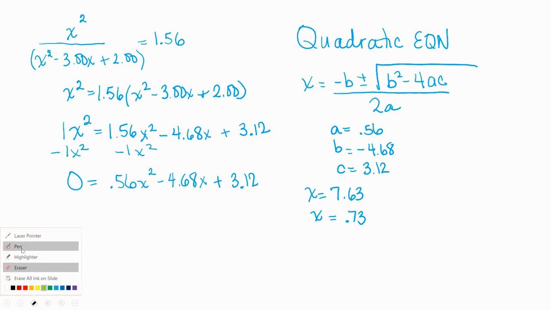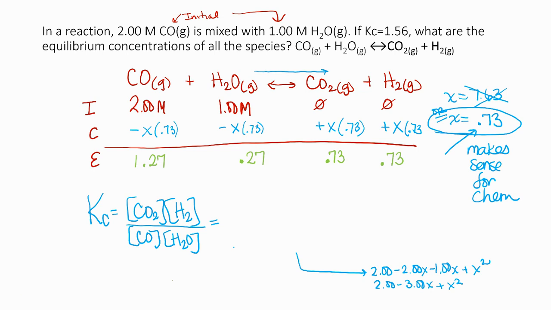Okay, so we can double check ourselves: 0.73 times 0.73 divided by 1.27 and 0.27. If we plug those in, go ahead and try that to double check if we did it right.